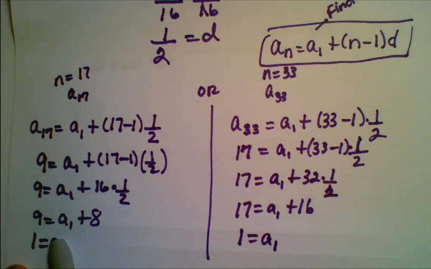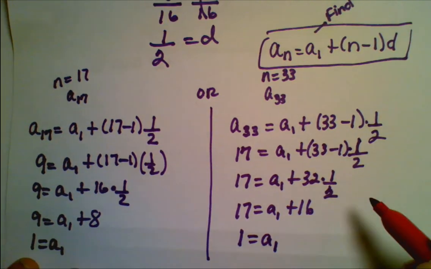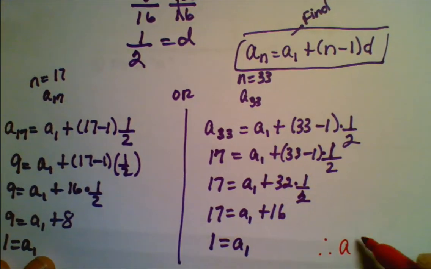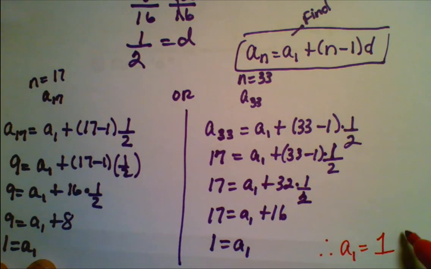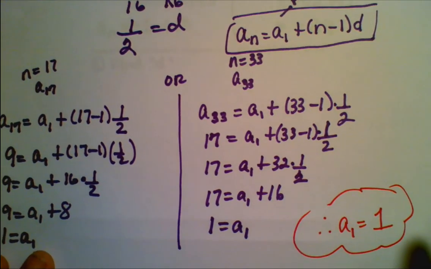So choose one or the other, but you do not have to do both. Okay, so the answer to this question is that the first term is 1. That is our solution.